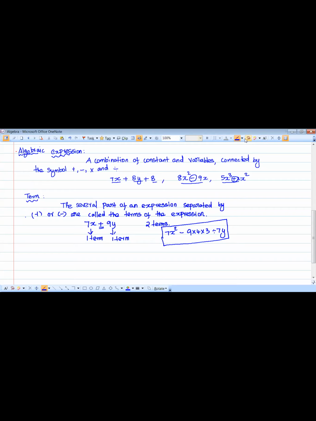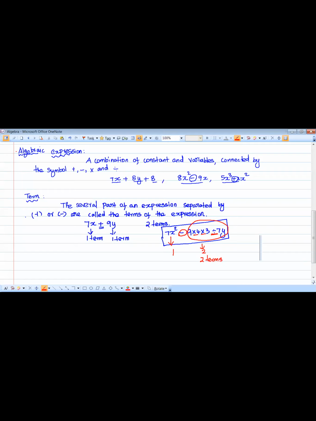Only 2 terms are there, dear students. The multiplication symbol and division symbol will not be taken into account. The subtraction symbol alone plays an important role in this place. So your 7x square is one term and the entire other part is another term. So totally you will have 2 terms.